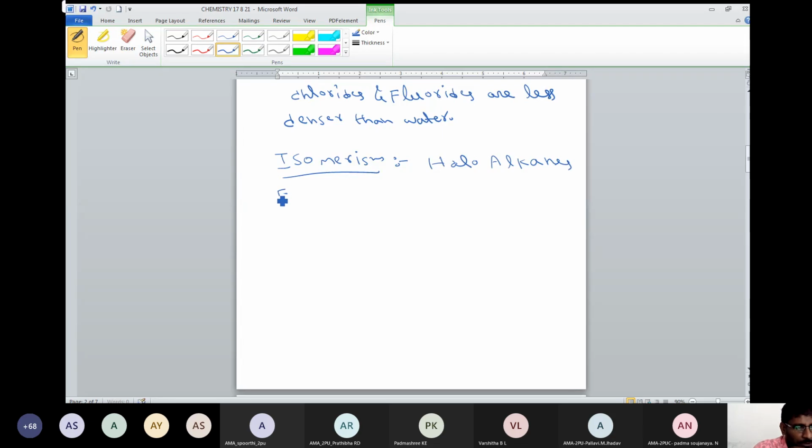Haloalkanes exhibit chain, positional, optical and conformational isomerism.